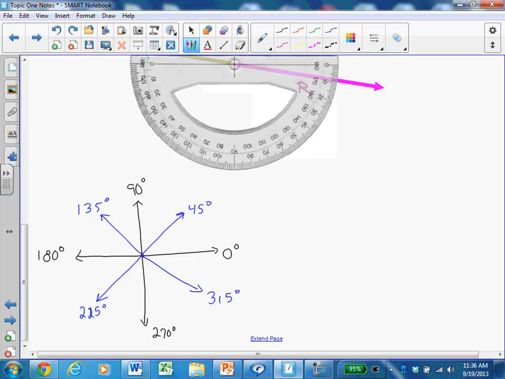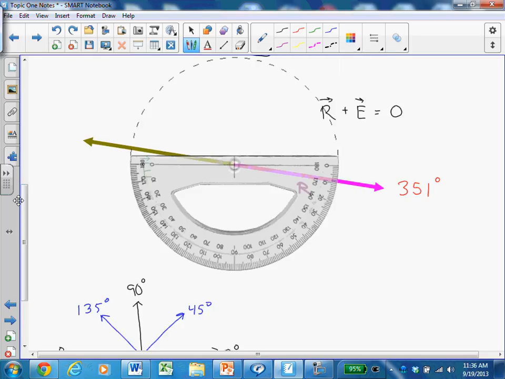So this is actually what? Not 9 degrees, but what is it? 351 degrees. Okay? So if I do 180 minus that, the equilibrium will be that value at that angle.